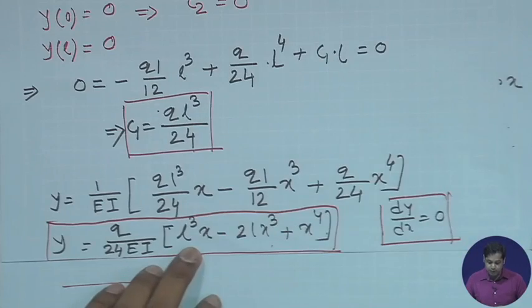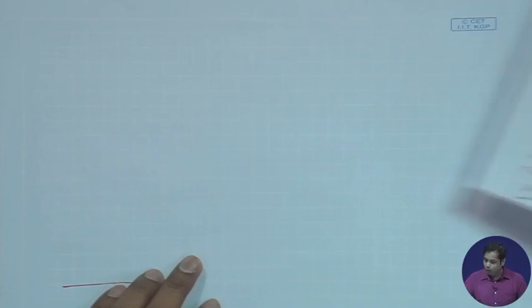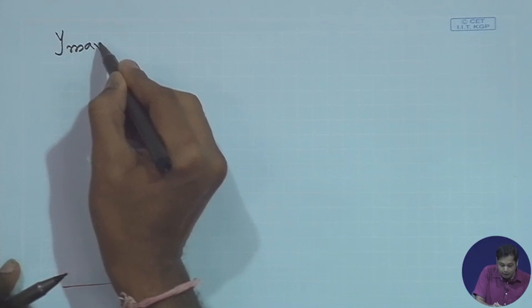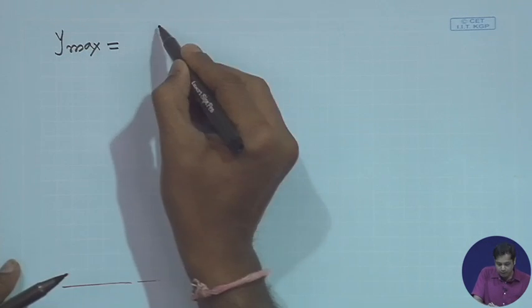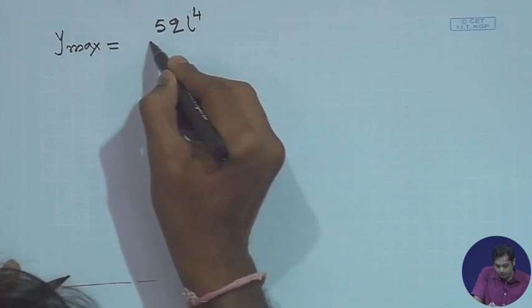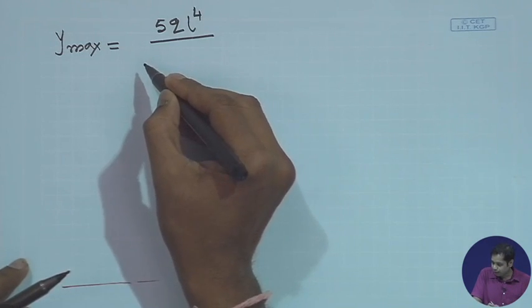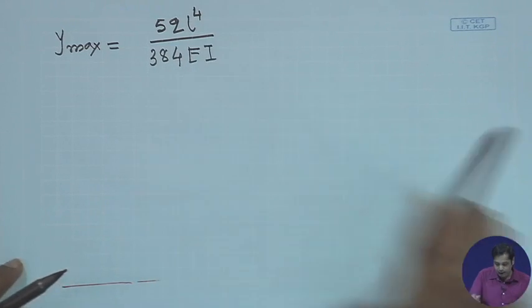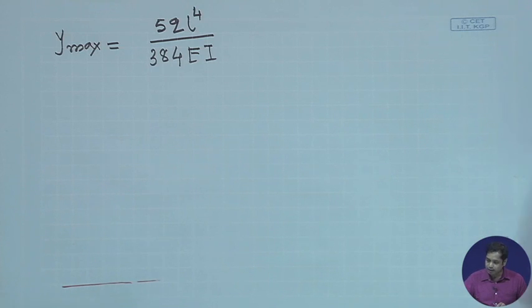Now, if we substitute x is equal to L by 2, then for this problem, y max is equal to 5 q L to the power 4 by 384 EI. This is a very standard result, so it is better to remember these expressions.